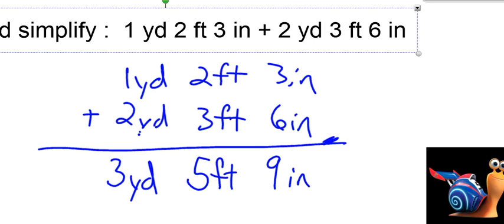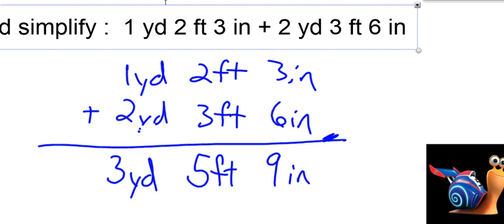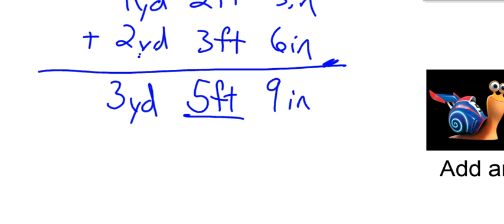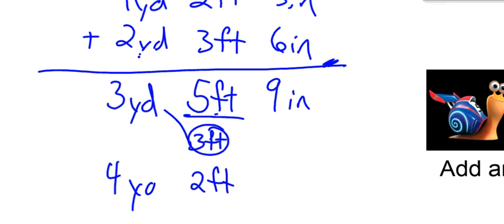Now, we could end right there, except 5 feet. We know that 3 feet equals 1 yard. So if I take 3 feet out of here, I'm left with 2 feet, and then I convert that 3 feet into a yard. In the end, I have an answer of 4 yards, 2 feet, 9 inches.